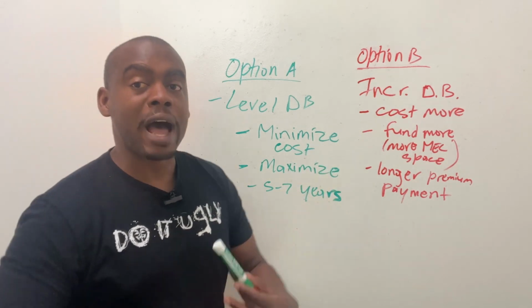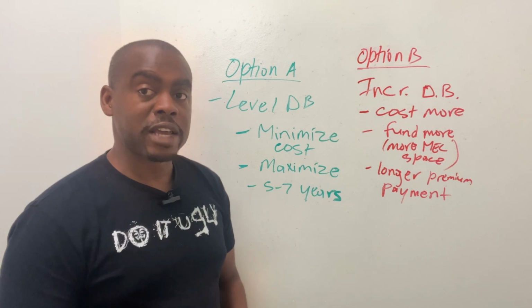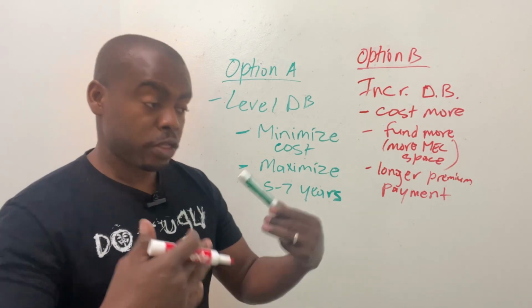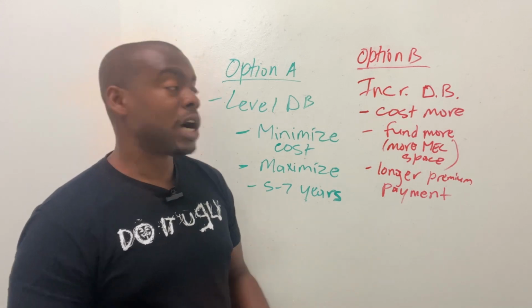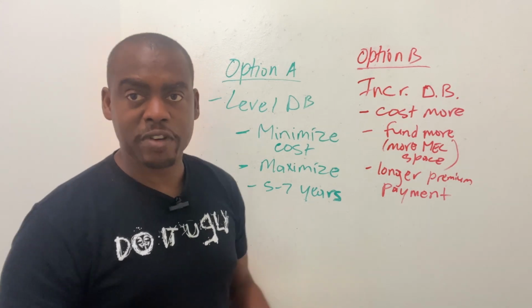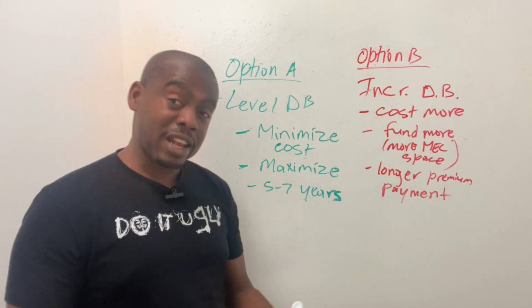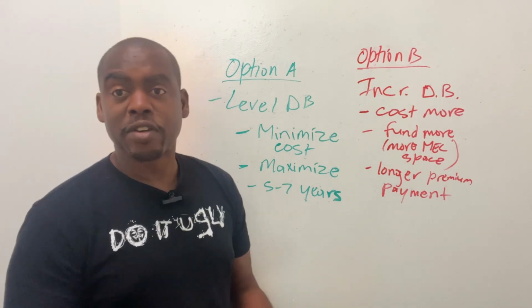So typically what I do for my clients is I structure the policy for those paying like $500 a month for 30 years, instead of clients paying like $10,000 for 10 years.